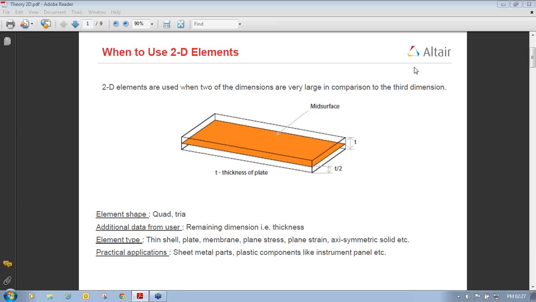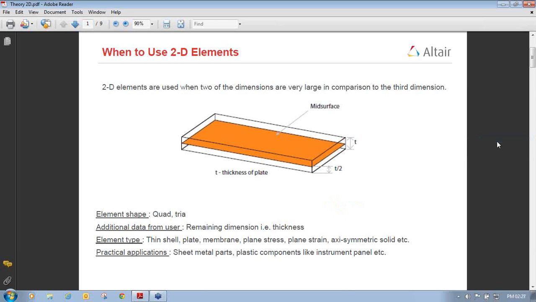The element shapes available for 2D elements are quad elements as well as tria elements. Quad elements, as the name suggests, is a square element, where a tria element is a triangular element. Also a quad element can be simulated as rectangular, and for tria elements, there is some modification, as R trias can also be simulated.